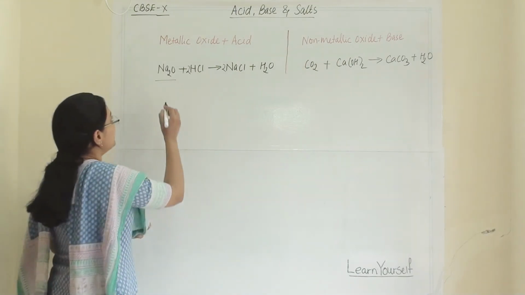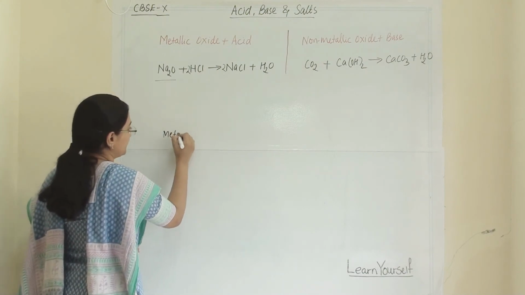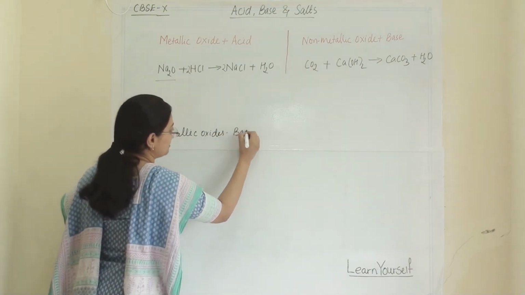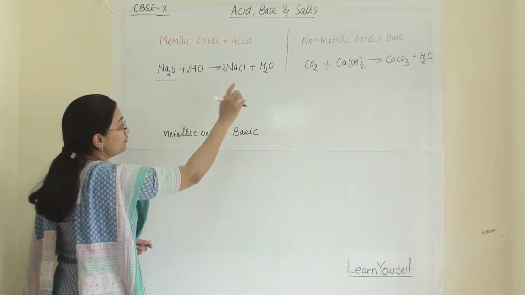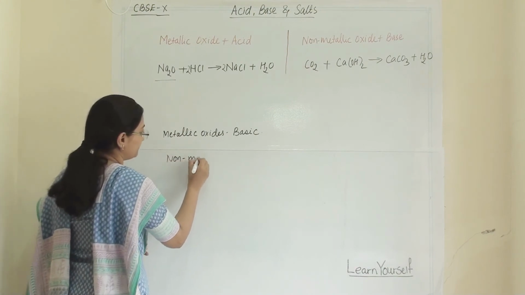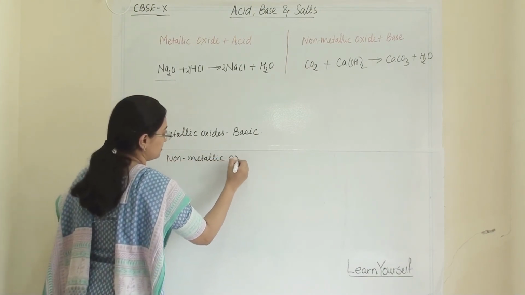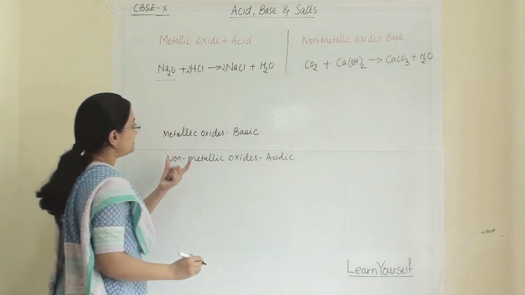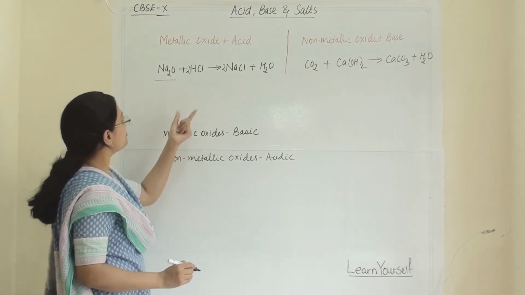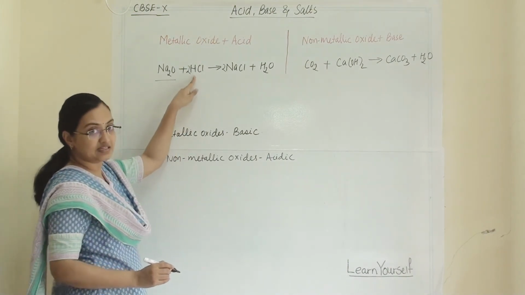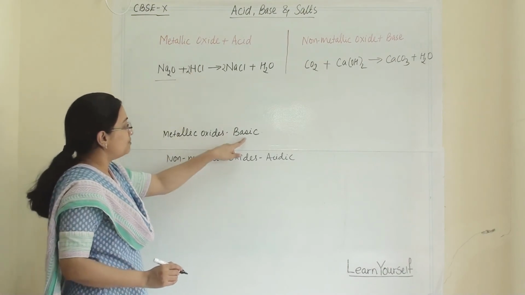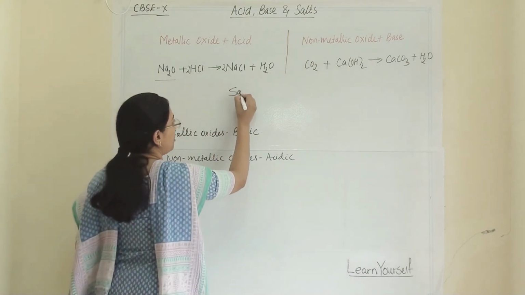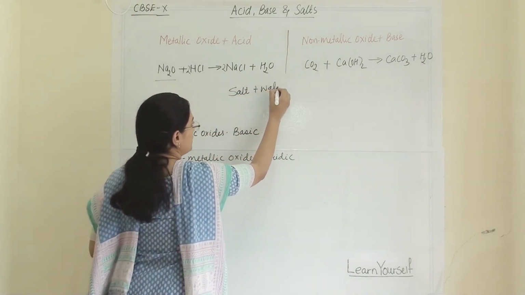Now we know that all the metallic oxides are basic in nature, and all non-metallic oxides are acidic in nature. So when this metallic oxide reacts with HCl, which is acid, that is, a basic compound reacts with acid, we will get salt plus water.